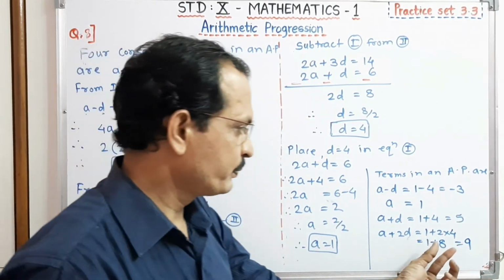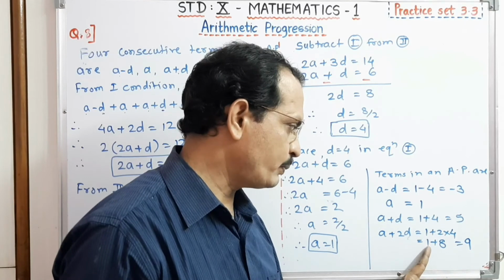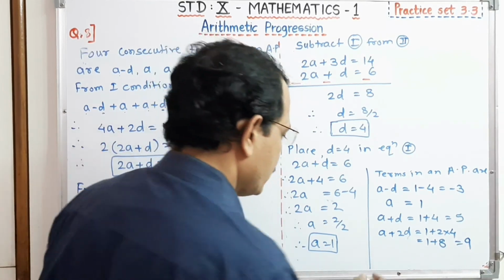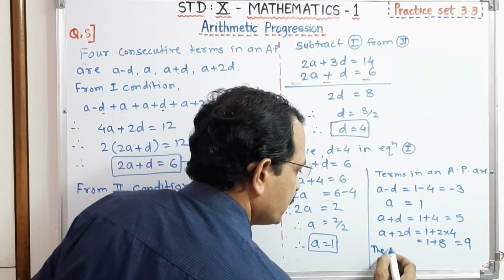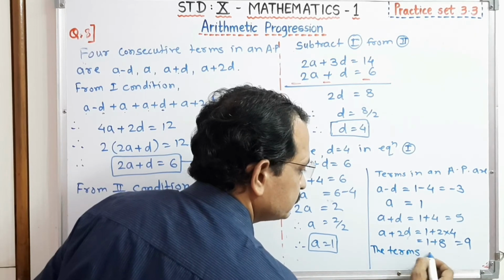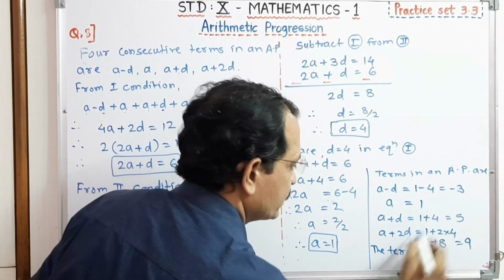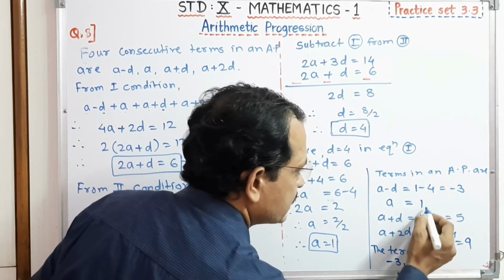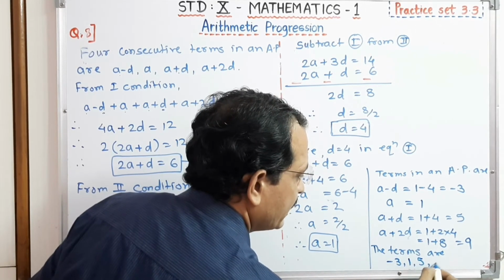Be careful, 4 into 2 is 8 and 1 plus 8 is equal to 9. Therefore the terms are minus 3, 1, 5 and 9.